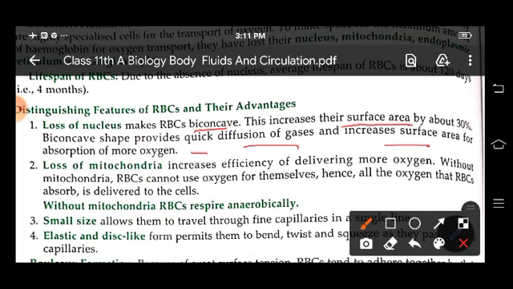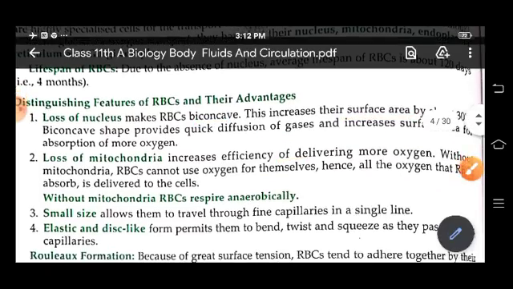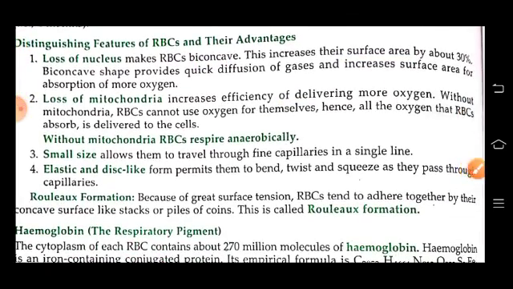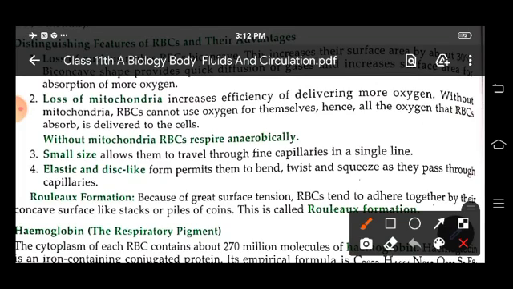Loss of mitochondria increases the efficiency of oxygen transport. Without mitochondria, RBCs cannot use oxygen for themselves, so all the oxygen that RBCs absorb is delivered to the cells. Small size allows RBCs to travel through fine capillaries, and the elastic, disc-like form allows them to bend, twist and squeeze as they pass through capillaries.